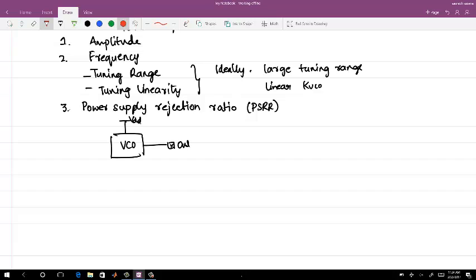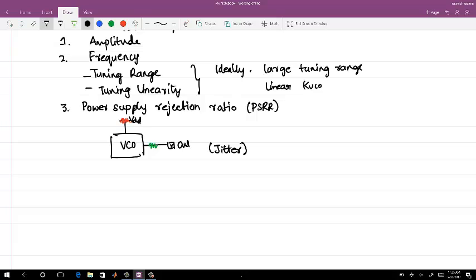So whatever noise you are seeing on the VDD, if that noise comes amplified or in whichever way at the output, and that noise actually changes the performance metrics in terms of jitter, means the noise on the VDD changes the output jitter, and which is sometimes not that acceptable.